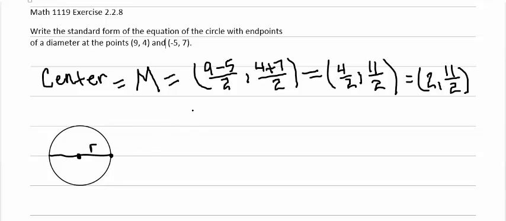That would mean that I need the distance formula. I need the distance between this center and either one of these points. So I'm going to use the 9, 4. It doesn't matter which point you use, because if you use either endpoint, the distance is still the value of the radius.